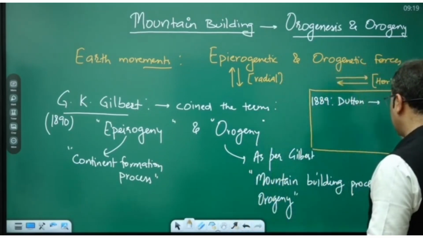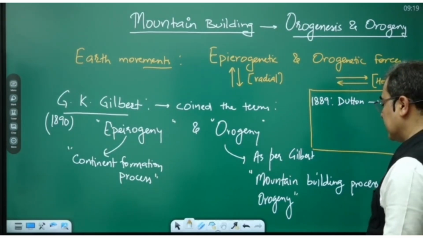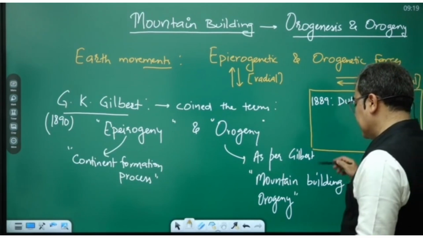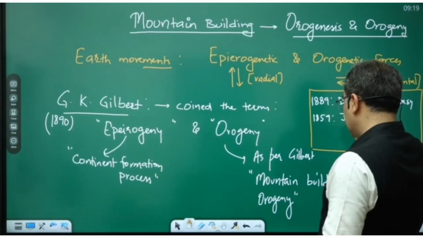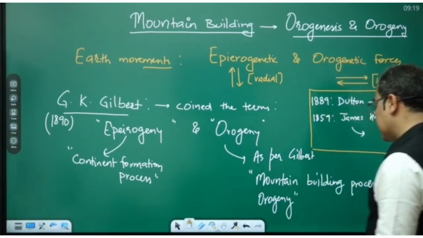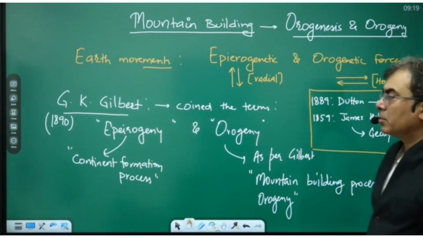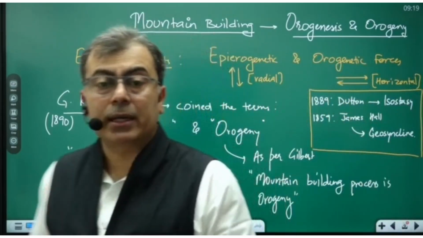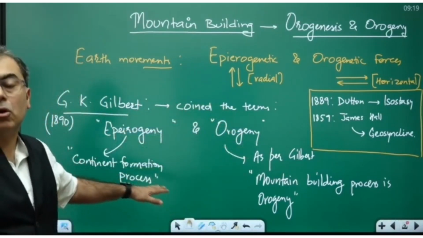Dutton gave the term isostasy. 1889, and in 1859 we have James Hall. These are geologists, and he talks about geosyncline. I'm talking about that phase. Now, why did I mention them? These are all old ideas.